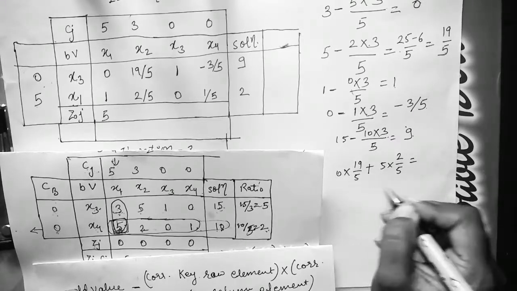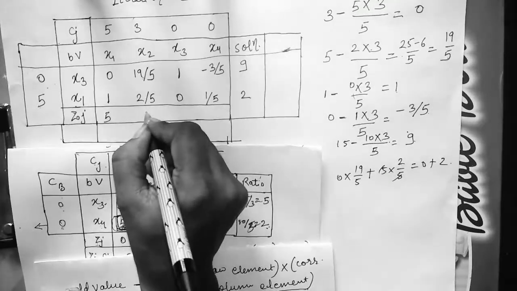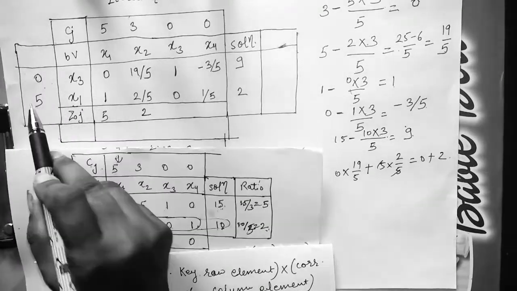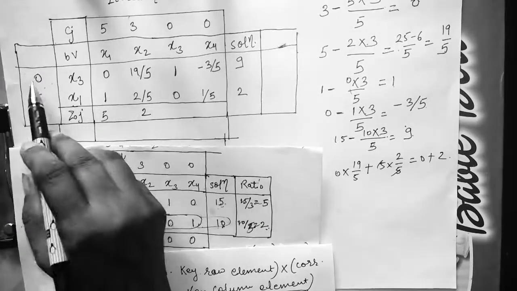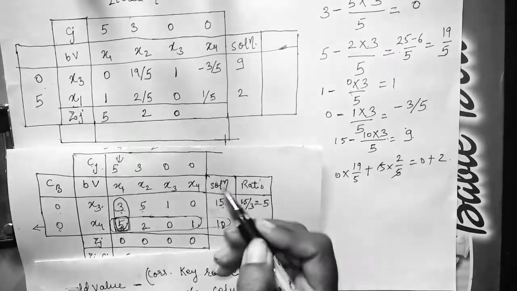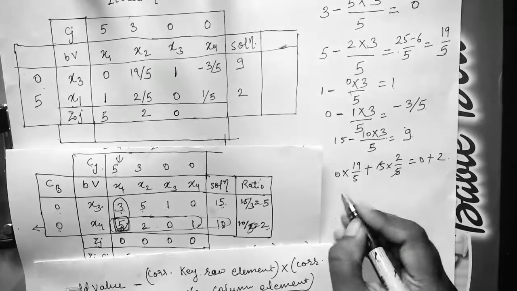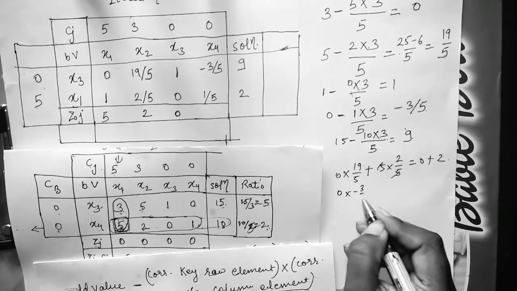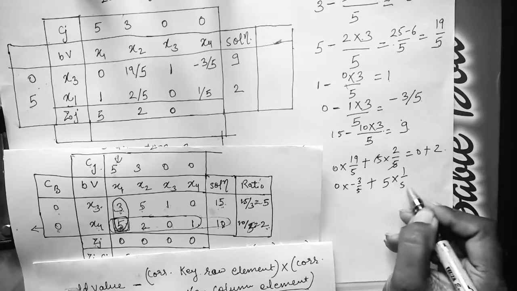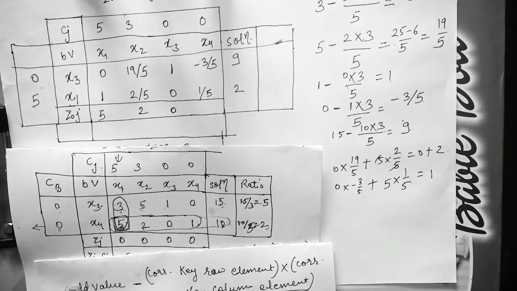This is equals to 0 plus 2. So this is 2. 0 into 1 plus 5 into 0. 0 into 1, 0. 5 into 0, 0. That means total value 0. 0 into minus 3 by 5 plus 5 into 1 upon 5. This is equals to 1.